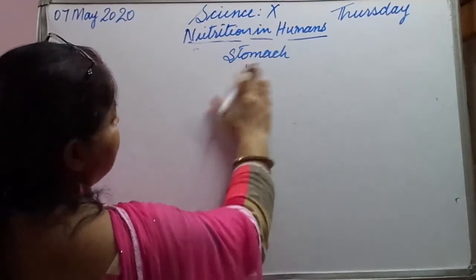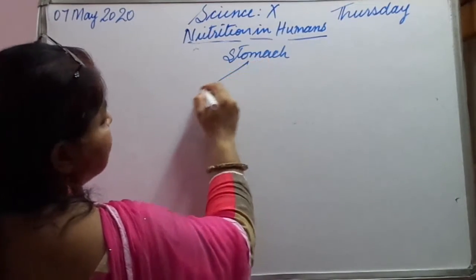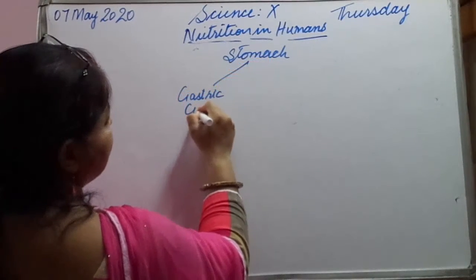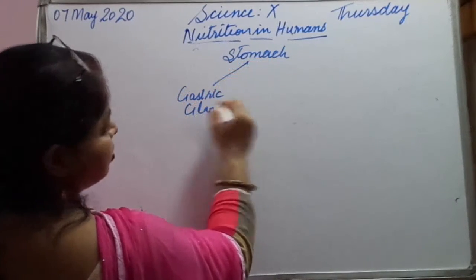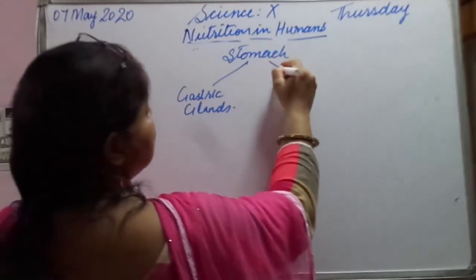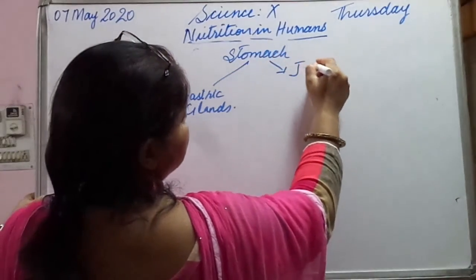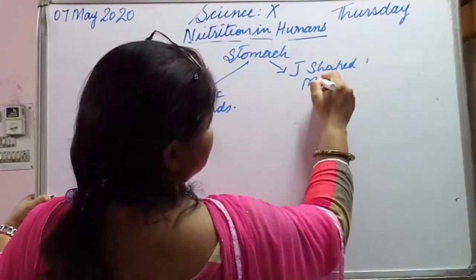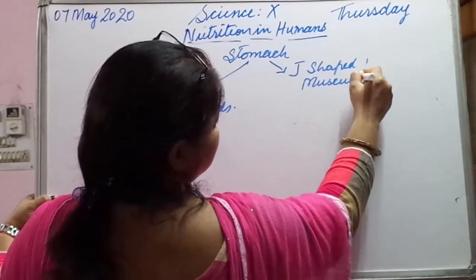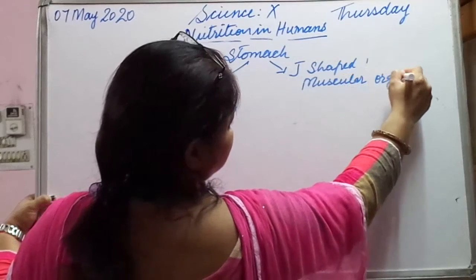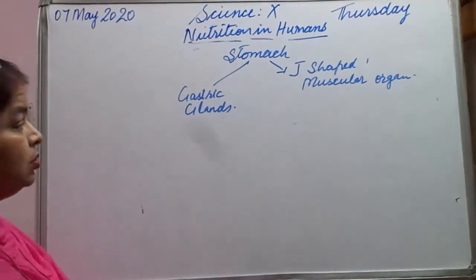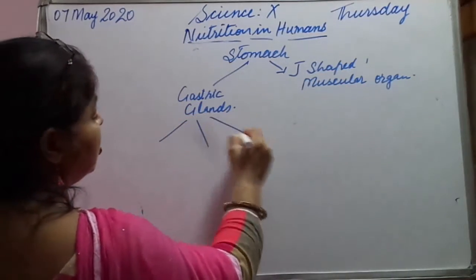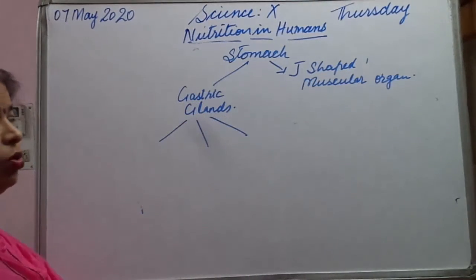Stomach has gastric juice or gastric glands, okay, and it is a J-shaped, highly muscular organ. Gastric glands, what do they do? They have their important role.